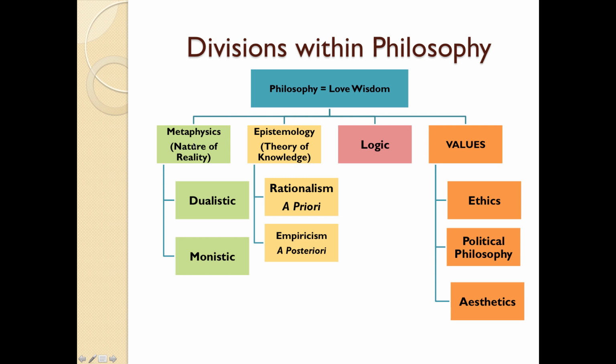We want to be able to distinguish between questions or statements related to metaphysics, which is the nature of reality; those that are epistemological, which deal with how we know things; and those that come from the domain of values, which can include everything from morals and ethics to political philosophy and aesthetics.